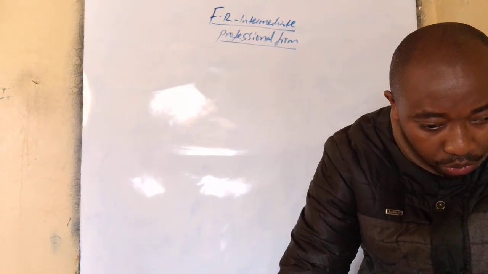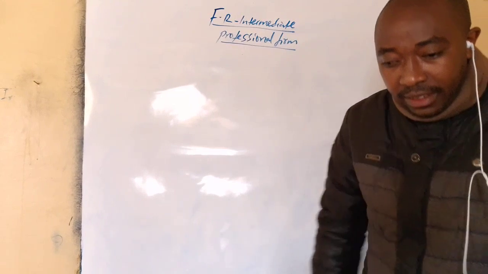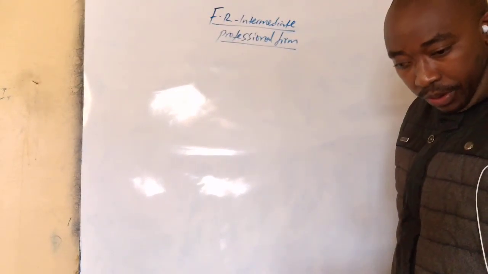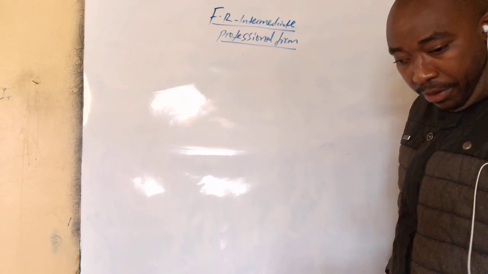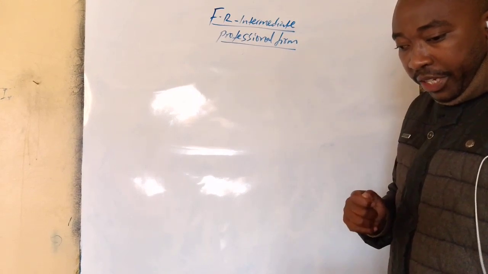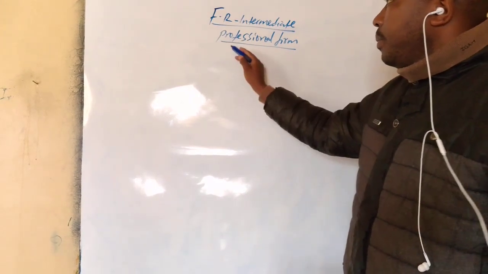We go to past paper, that is August 2022, question number 4B, intermediate financial reporting.